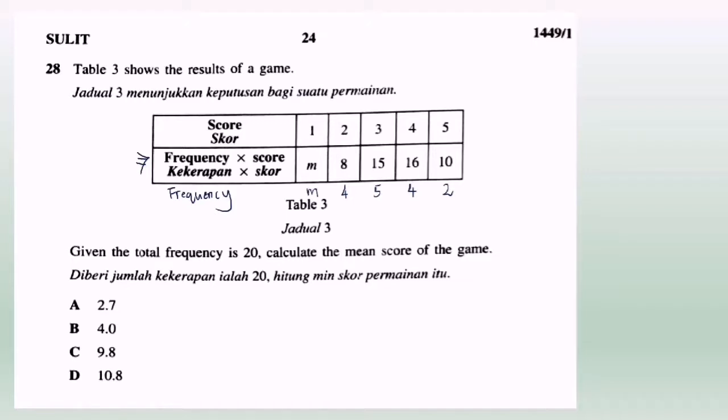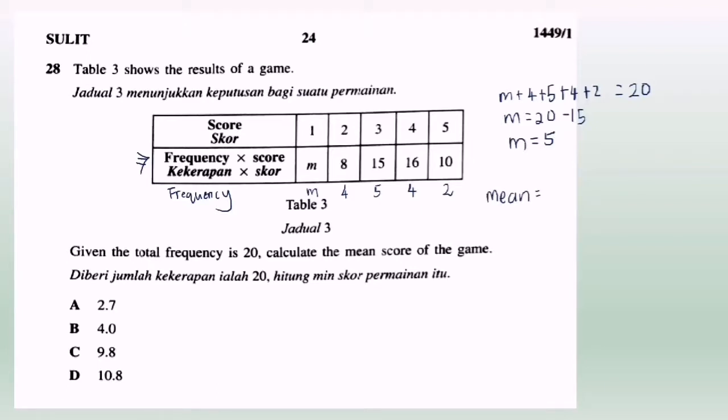So the total frequency equals 20. Now I try to solve it. M plus 4 plus 5 plus 4 plus 2 equals 20. So M equals 20 minus 15 equals 5. We need to find the mean score.